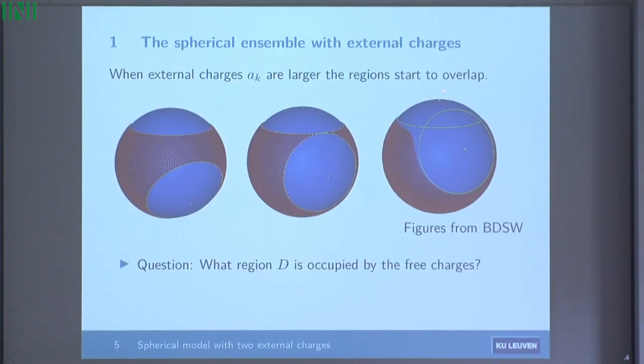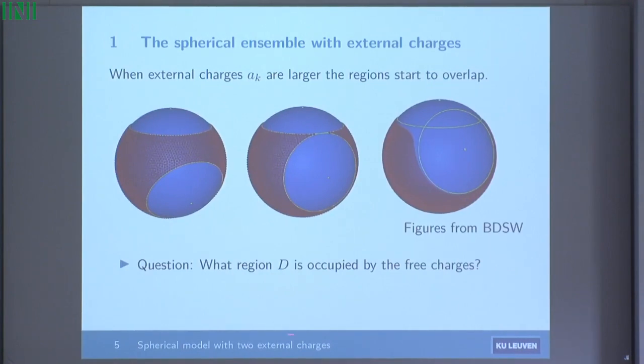So if you just take two charges in these pictures, again from the same paper, and start increasing these charges A_k, then here are these two circles that are the boundaries of the spherical caps. But the actual droplet is smaller, because now there's an overlap, so somehow the union of two spherical caps is too small. The complement here is a smaller droplet.